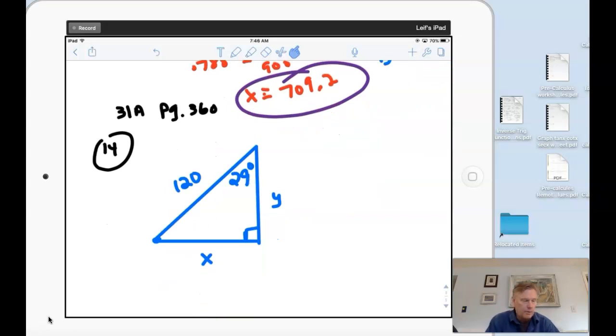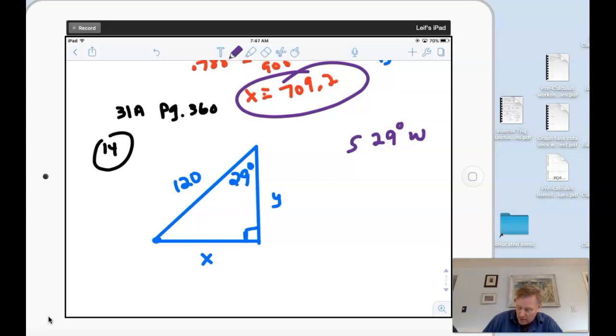another one similar out of the book. If I take number 14 here, and this is a lot like number 31A on page 360, which goes like this. A ship leaves port at noon and has a bearing of south 29 degrees west. And the ship sails at 20 knots.